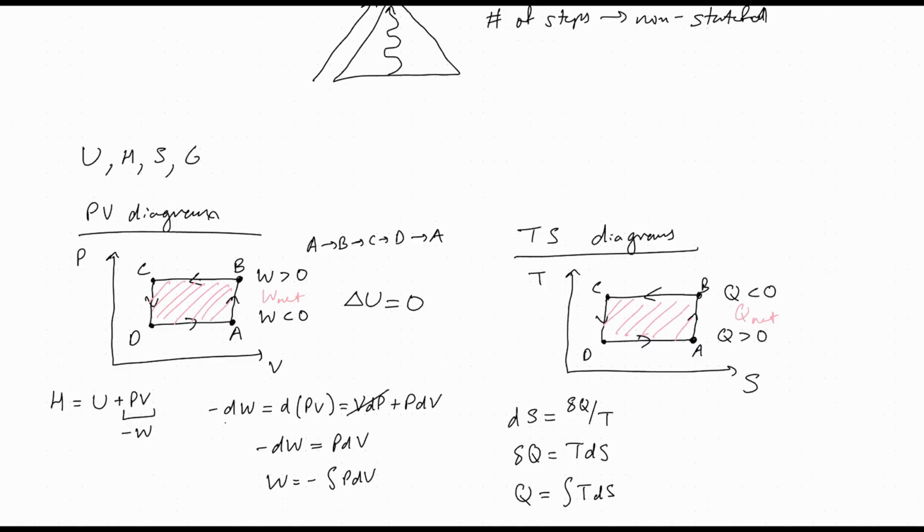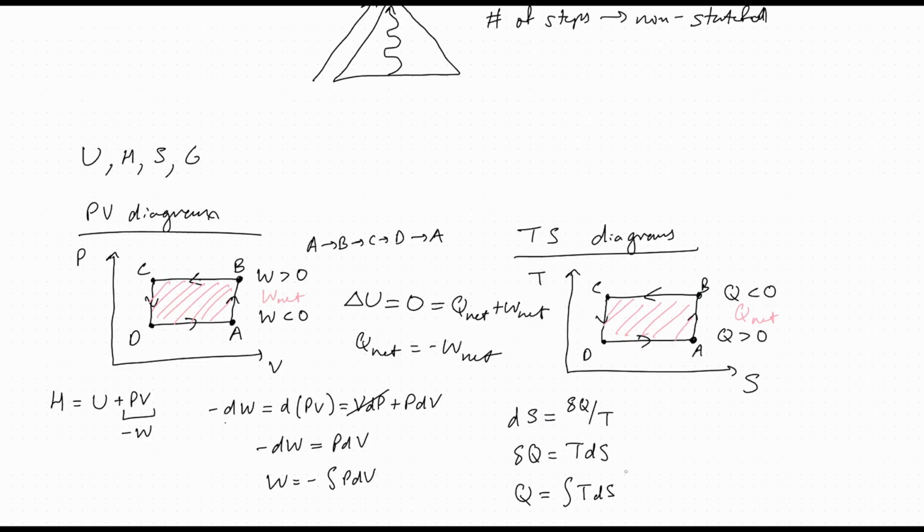And for a closed system, delta U will always equal Q net plus work net. So in other words, Q net equals negative work net. And now we can see the connection between the two diagrams, PV and TS. Those areas are going to be essentially equal. And we can see how exactly they are related to each other.